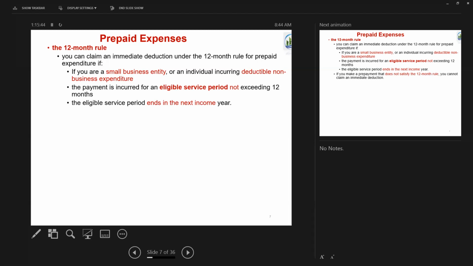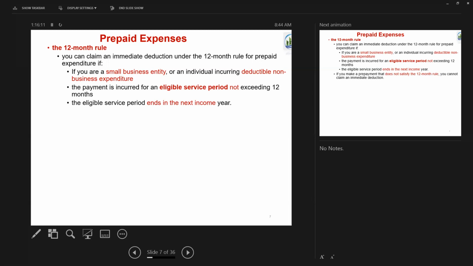So these three conditions should be satisfied to satisfy the 12-month rule. You clearly understand what the small business entity is, you clearly understand what deductible non-business expenditure is, and now we want to know what the service period is and how it is going to end in the next income year, right? So what is the next income year? The last day of your contract period should be in the next income year.